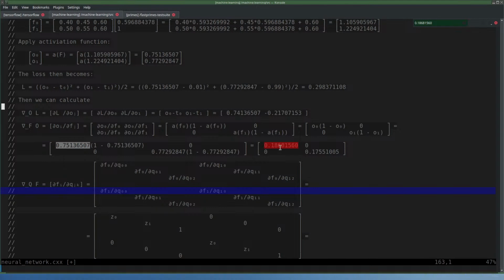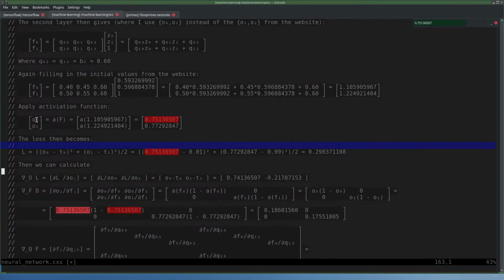Or we can get that from this value, which is the output itself. So we use this output both to get the derivative of the activation function as well as the difference. So by subtracting the target from it.